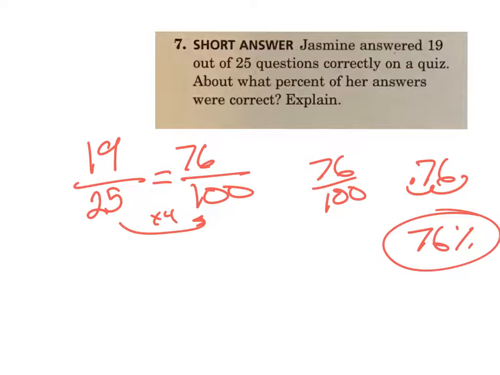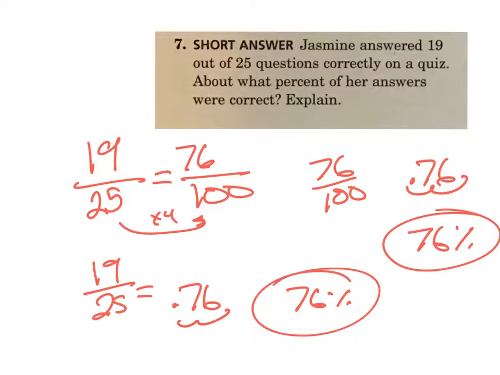Okay, so they got 76. The other way I could do it is 19 divided by 25. 19 divided by 25 equals 0.76, and then I do the same thing, and I get 76%. So, how many did she get? 76% is the exact.